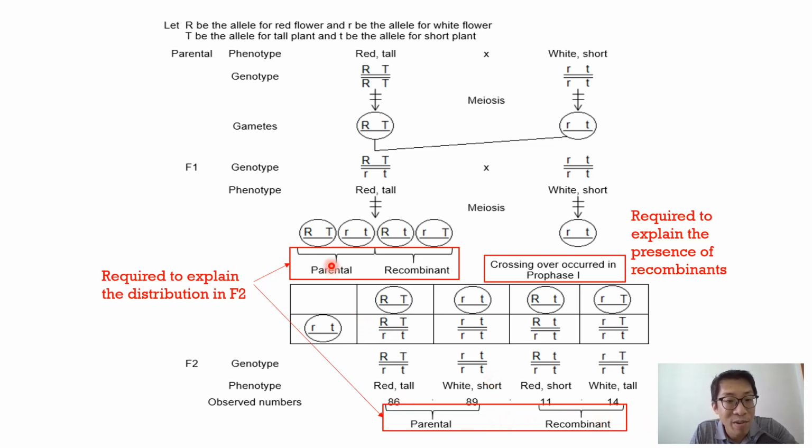That's due to having more parental gametes than the recombinant gametes after meiosis by the F1. Okay, so all this extra, compared to the normal diagram, is actually necessary as part of the explanation of the whole inheritance and the 2 crosses. So this is what you need to do when you are drawing the genetic diagram for autosomal linkage.